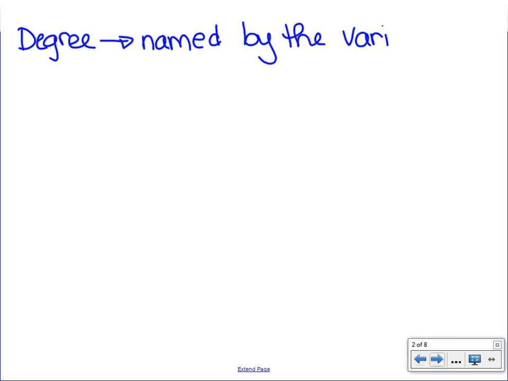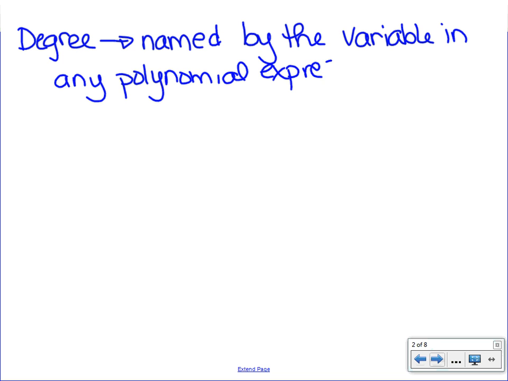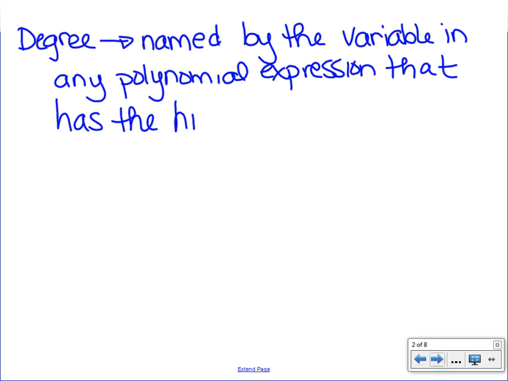Well, the way we tell degree, it is identified and named by the variable in any polynomial expression that has the highest exponent.